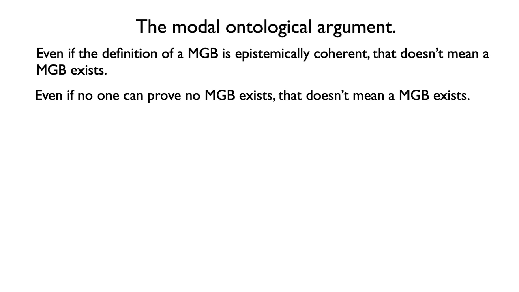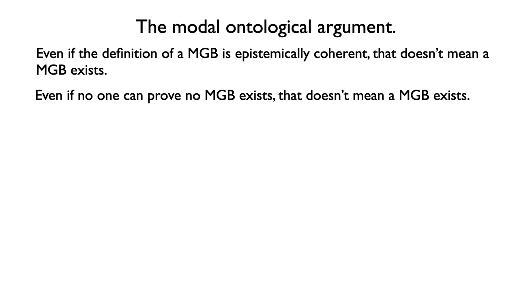Of course, just because the definition of a max great being is internally coherent purely as a definition, it doesn't follow from that a max great being must exist and couldn't possibly not exist. That doesn't make any sense. Verifying a definition is epistemically coherent is kind of the least requirement we could give. Of course, it has to be epistemically coherent before we even begin to see whether an example of that entity exists.